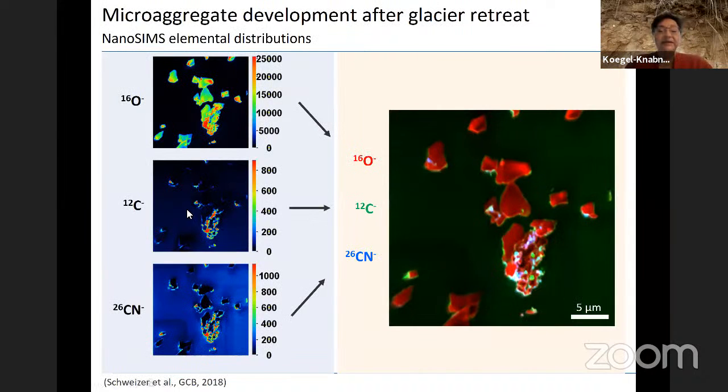We again did NanoSIMS with that, and this is a combined image of 16O, 12C in green, and the CN in blue. And you see there's parts where this accumulates.